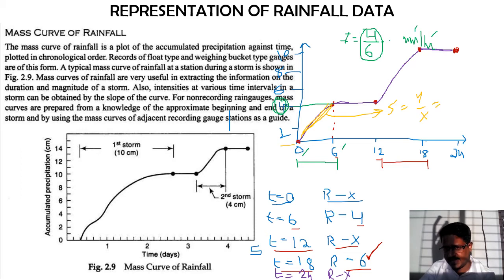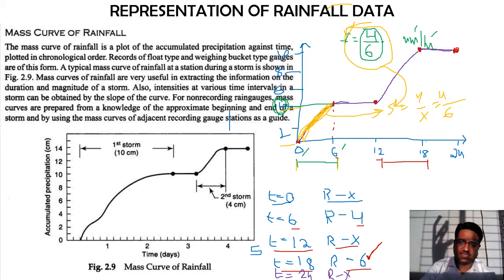It is varying from 0 to 4, so that itself is your y ordinate, and the x ordinate is varying from 0 to 6, so here it is 6. So basically, the calculation I have shown for the intensity of rainfall is nothing but the slope of the curve. The slope of the curve itself indicates the intensity of rainfall. So this is how basically you can calculate that part of it.